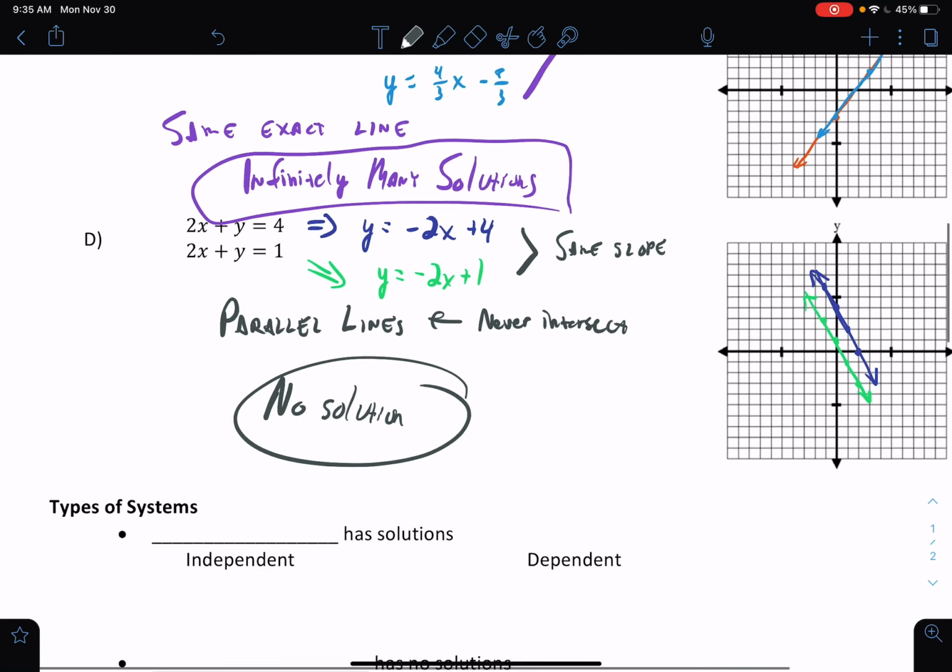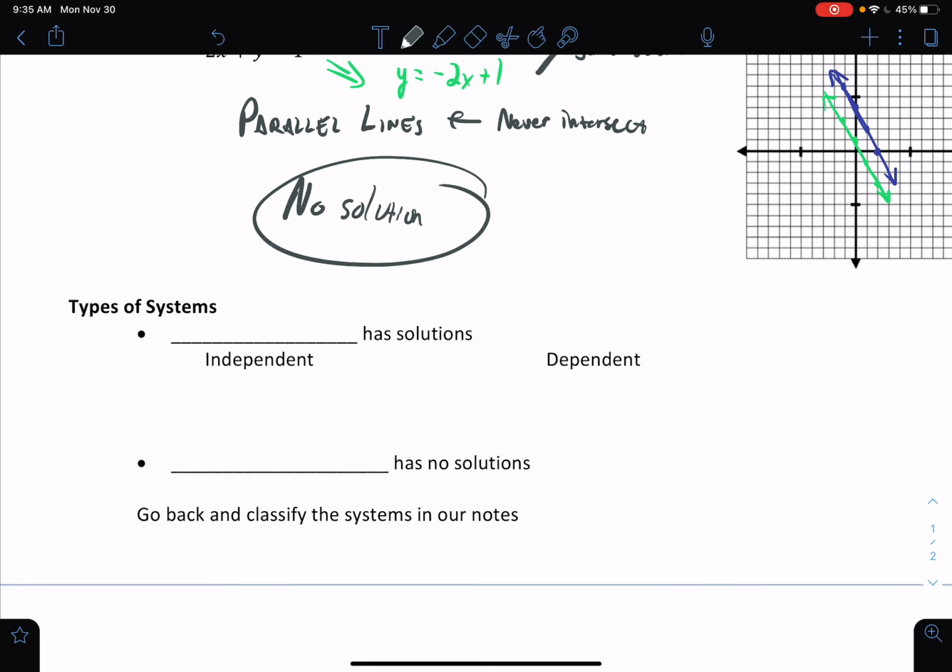That leads us into a discussion of what different types of systems we can have. We could have a consistent system, and that has a solution. Independent means it has one solution, which means we have two lines that intersect once. That would be an independent, consistent system.